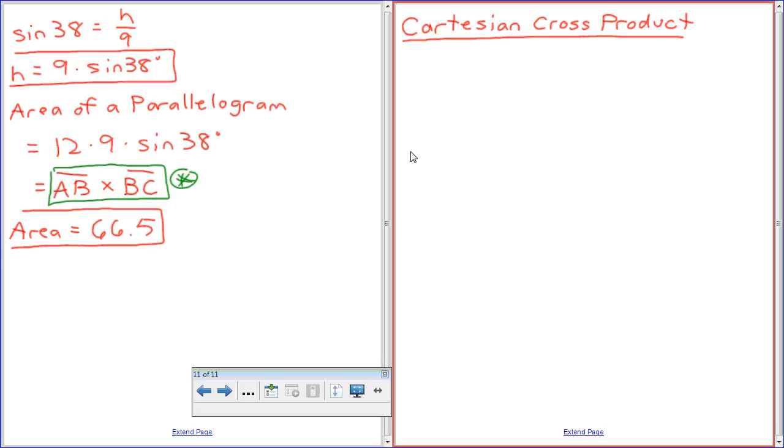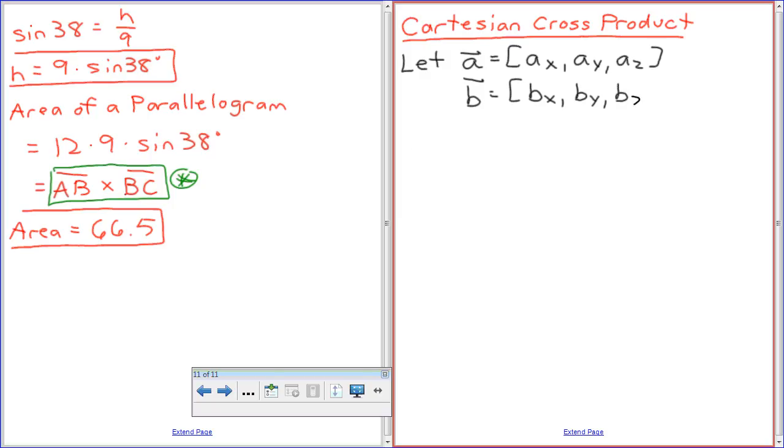But the actual work is easy. So I'm going to say, let vector A equal AX, AY, AZ. Let vector B equal BX, BY, BZ.